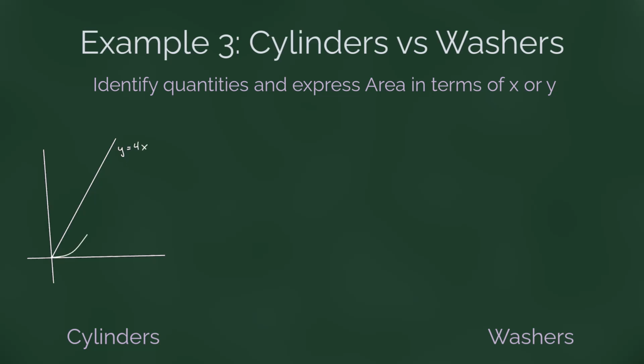We've got y equals 4x and y equals x cubed. For our cylinder, again, we're going to draw parallel to our axis.